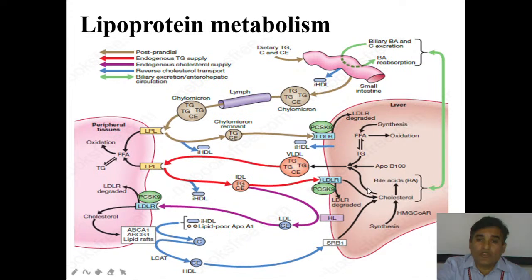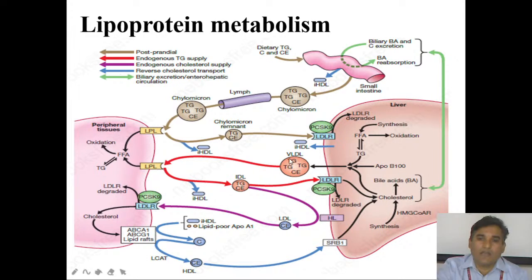Whatever cholesterol is synthesized by the liver, either triglyceride or cholesterol ester, gets reabsorbed by the enterohepatic circulation in the form of bile. All these three forms produce the VLDL.